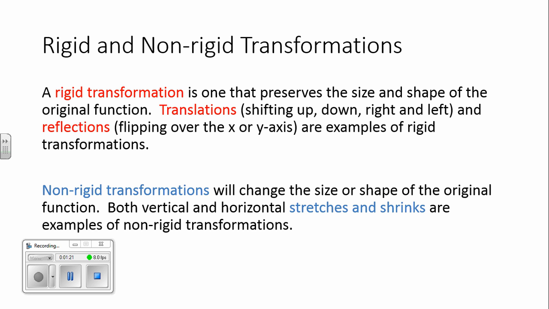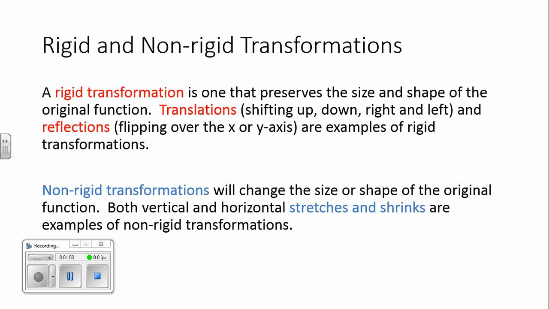So for example, if you take a function, let's say a parabola, and you simply add 3 to the end of the equation, that's going to make the parabola shift up by 3. Or you subtract 3 from the end of the equation and it moves it down by 3. So the parabola itself has changed its location in space, but it hasn't really changed its size or its shape. So that we would say is an example of a rigid transformation.